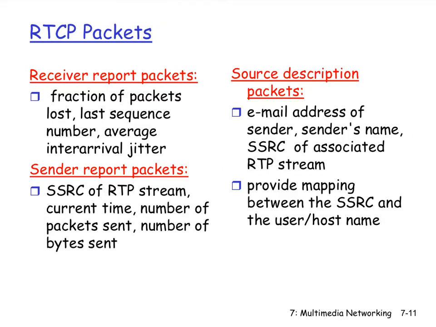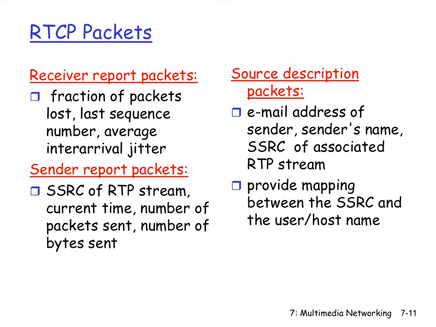So the receiver report message type contains some information like fraction of packet loss. So RTCP performs some measurements similar to the measurements that we have talked about, that you will probably try to implement as part of your assignment or as part of the course project.